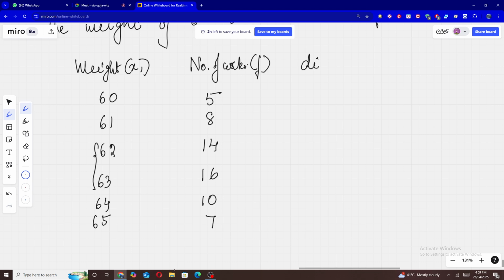So now I'm bringing this up. 33 plus 62 into 60. 12. I don't know how to add these. 33 plus 3 plus 8.